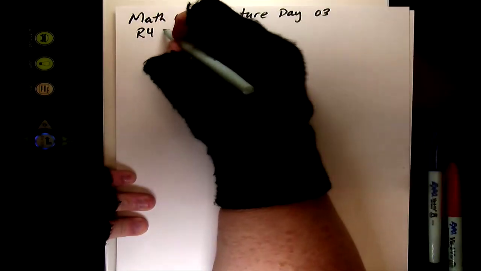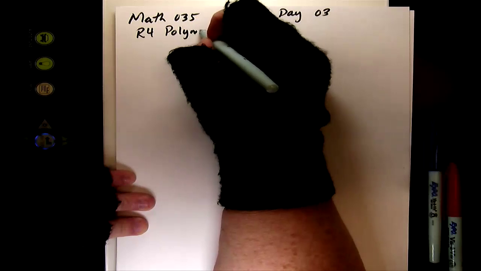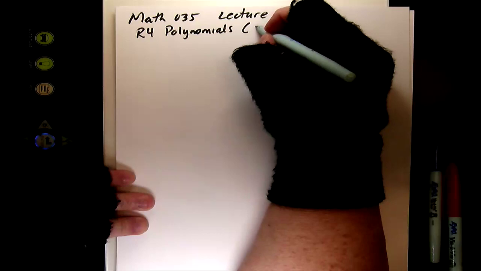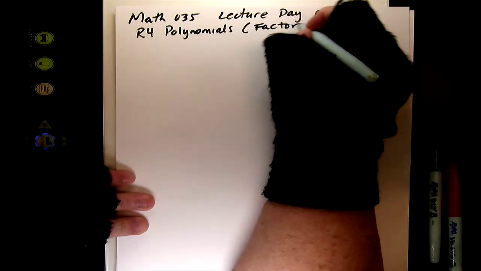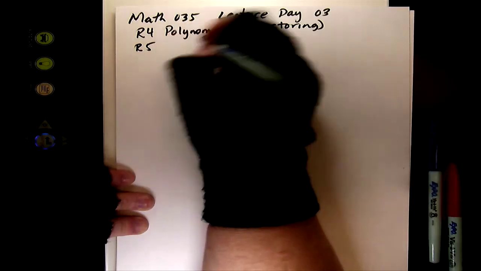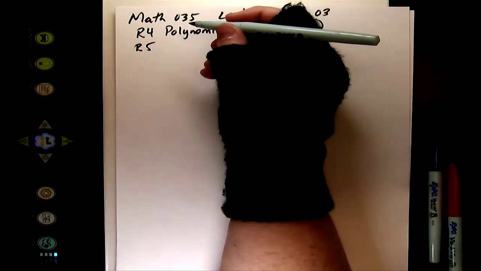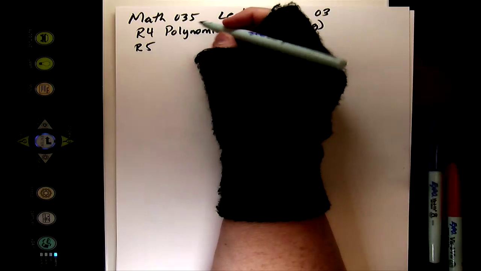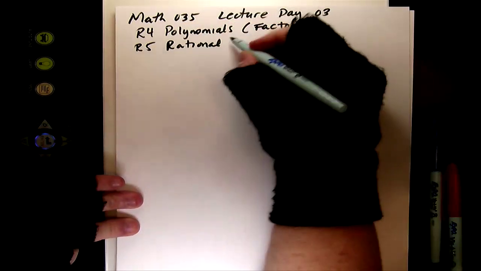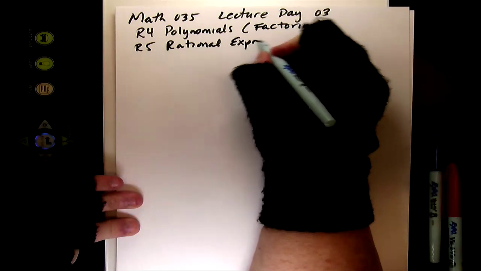R4 is on polynomials, and the biggest section in this is factoring. And R5 is on, what is R5? Rational expressions, which kind of builds on polynomials, but goes a bit harder.